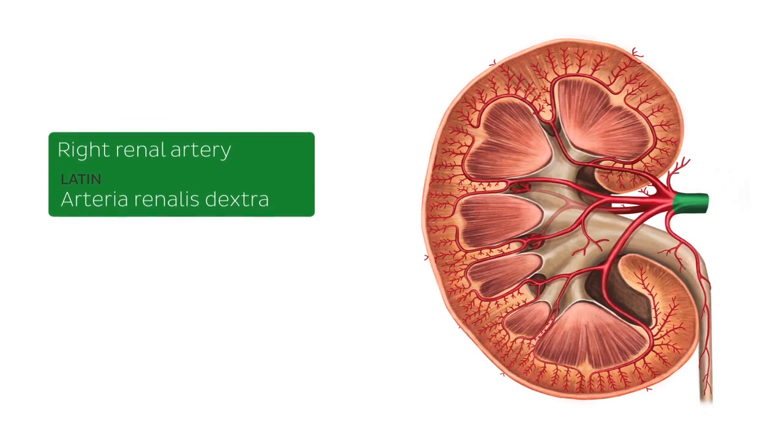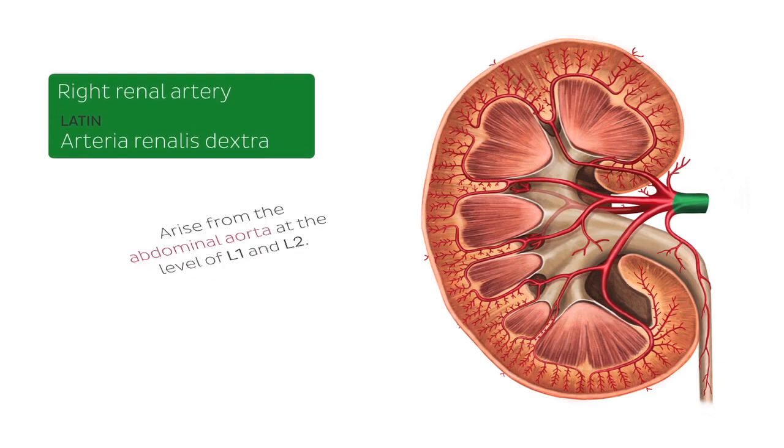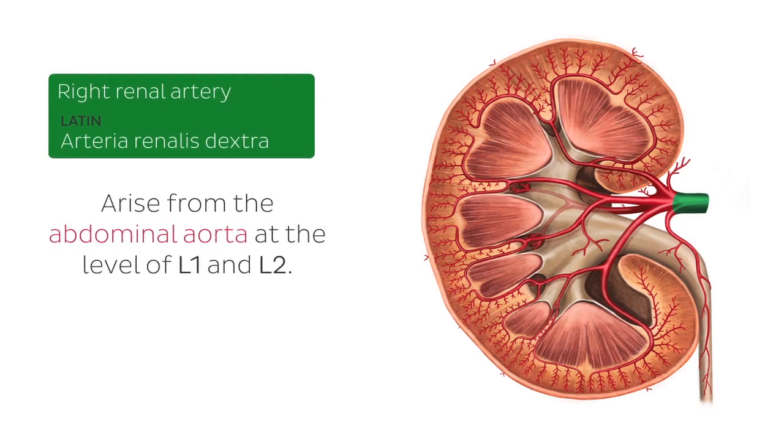Now, the renal arteries will arise from the abdominal aorta at the level of L1 and L2, the first and second lumbar vertebrae. This is due to the asymmetrical position of the left and right kidneys. As you probably remember, the right kidney is slightly lower than the left one.